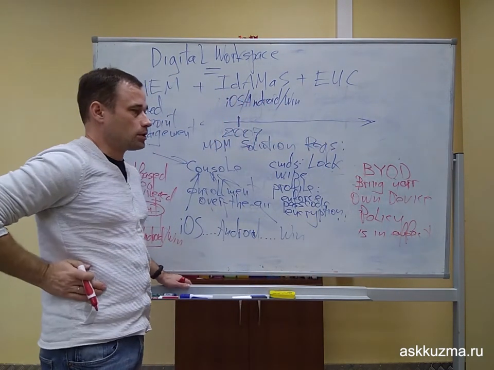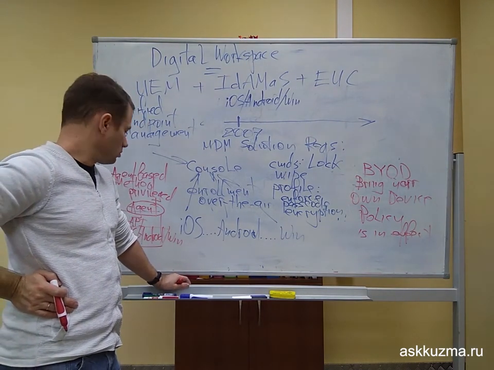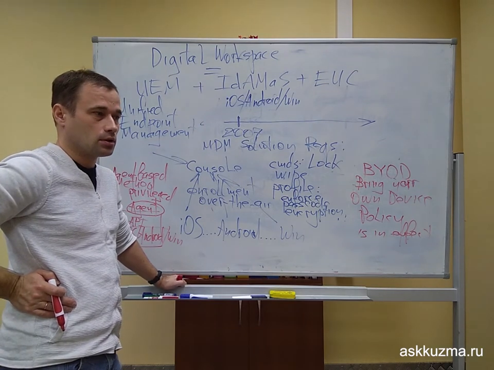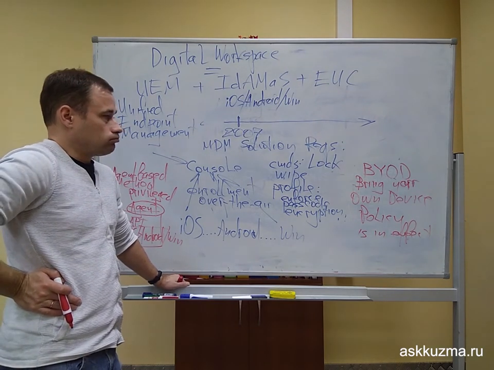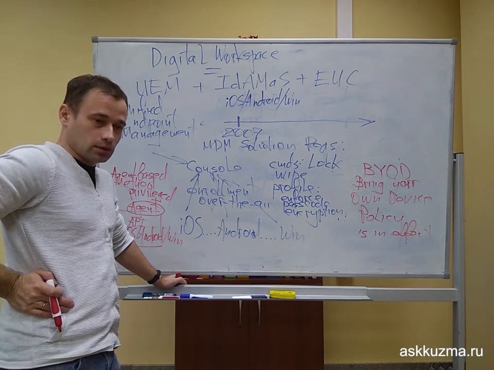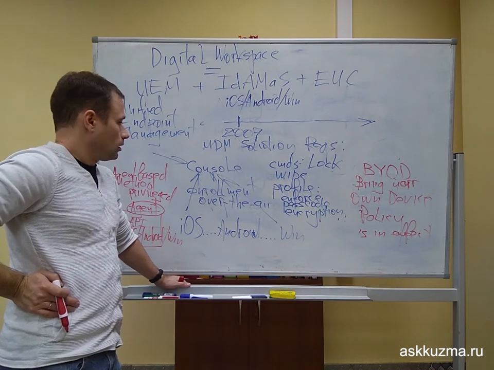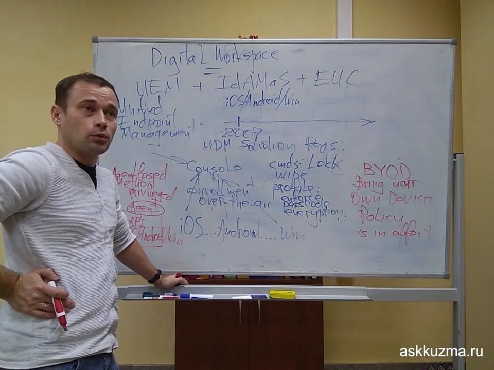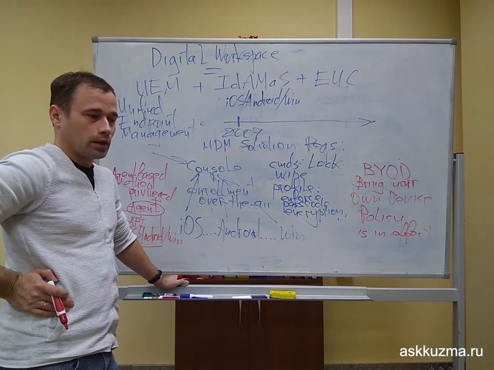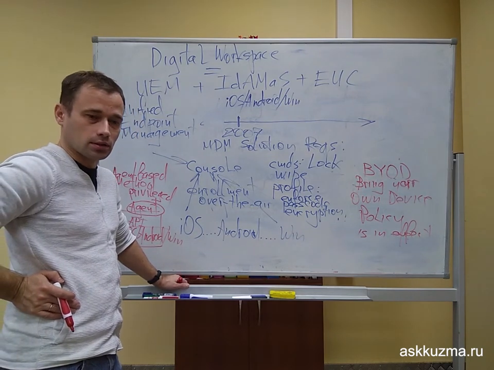So, for example, imagine in your company this BYOD policy is in effect, and the generic user or employee is allowed to use his employee-owned device to access corporate services. Employee-owned device means this device is not trusted by default. It means that before allowing access to corporate services, this device must be enrolled under the management of the corporate console.